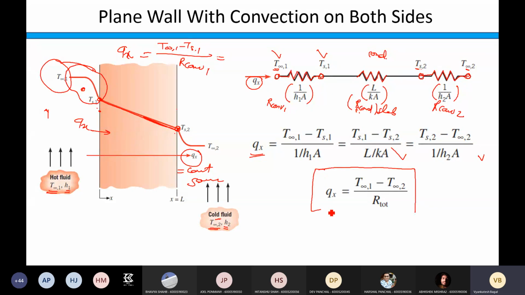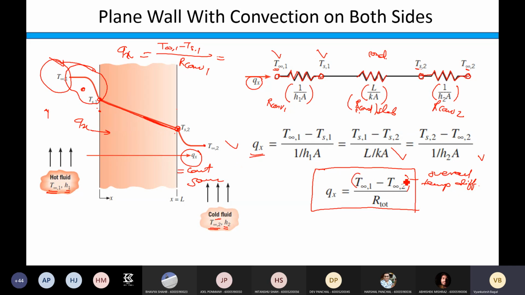Now, what is the basis for writing this? I am writing the driving potential as the overall temperature difference on the numerator side. So what is the overall temperature difference? The highest temperature minus the lowest temperature, so T infinity 1 minus T infinity 2.